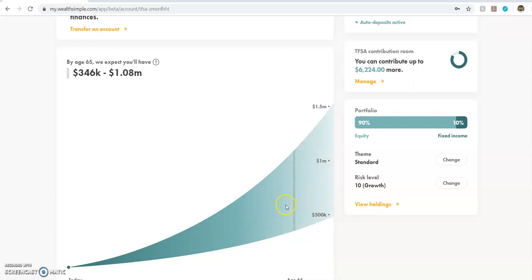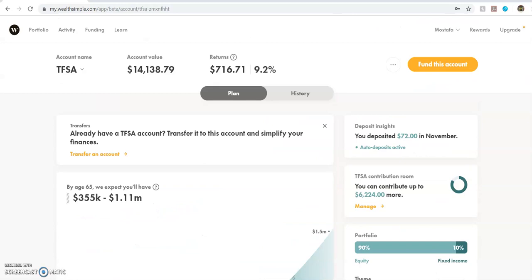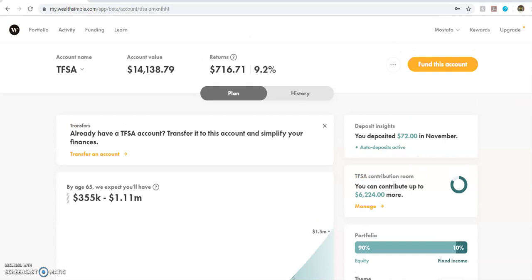So it's a very nice way to encourage investors to stay on track and continue to contribute to build their financial freedom, and hopefully get to a point where their savings from their accounts can fund their future retirement or any of their ambitions and dreams that they have.